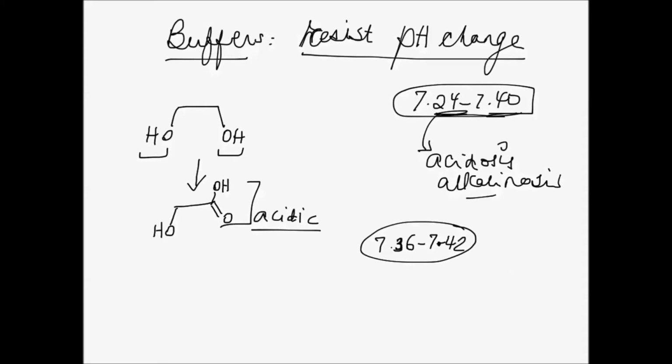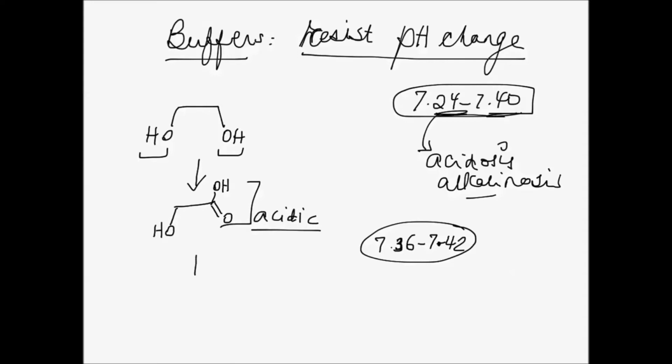And many proteins essentially require this narrow pH range for their proper functioning. And if this glycolic acid enters the bloodstream, essentially there can be a problem, because if the concentration of glycolic acid is too much, then the buffer may not be able to resist that pH change.